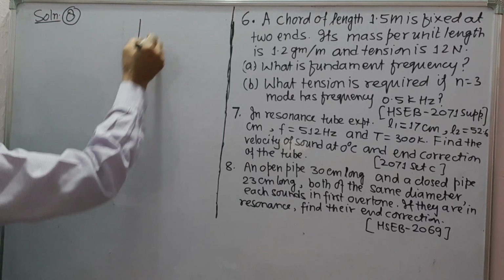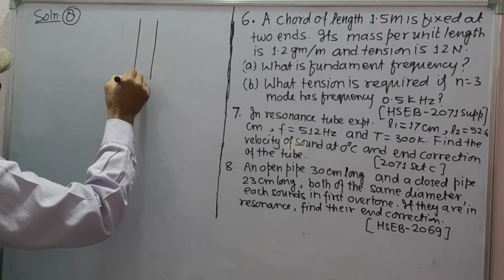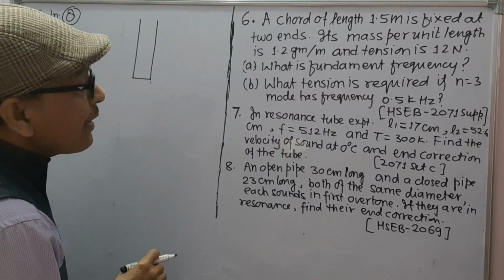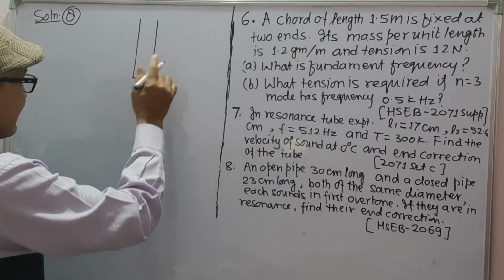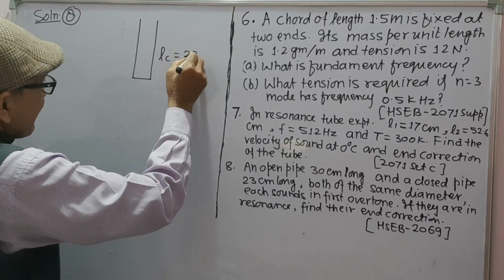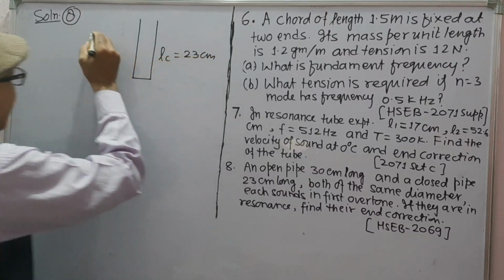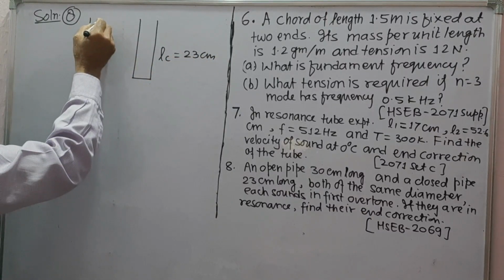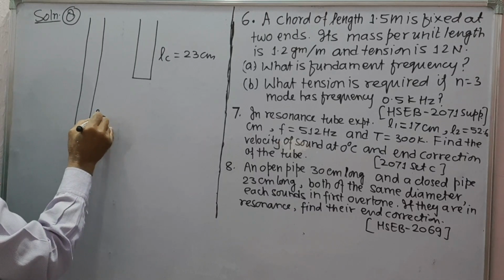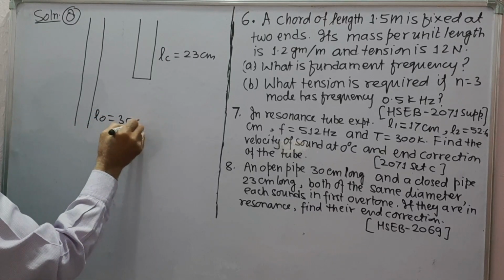Here, this is closed organ pipe, L of closed is 23 cm. This is open organ pipe, L of open is 30 cm.